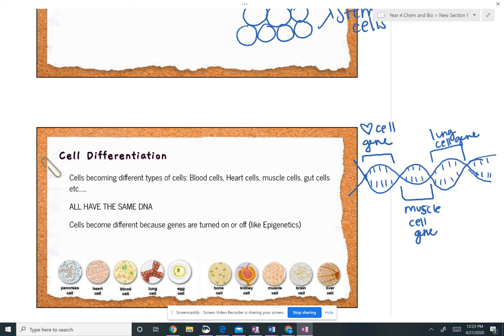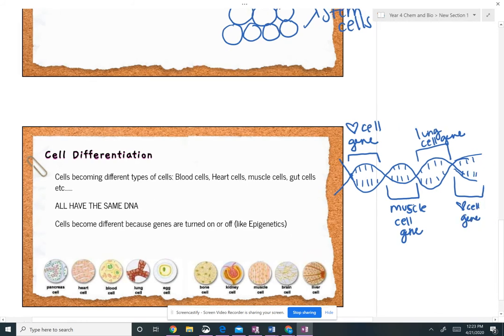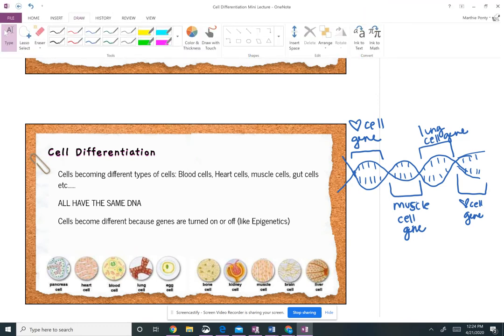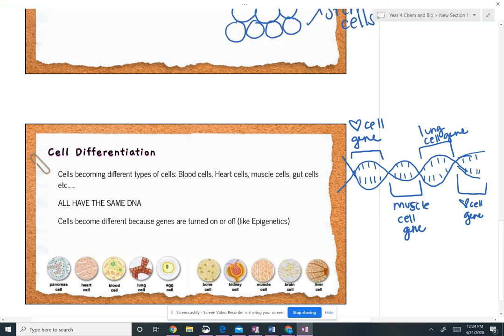But in order to distinguish the two, say this particular piece of DNA needs to become a heart cell. Your body will be like, okay, you have received directions, because cells talk to each other through different means, and you don't really have to get into that.